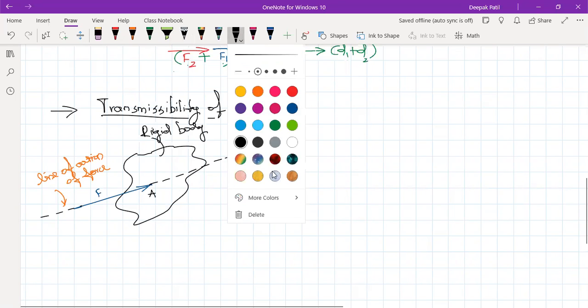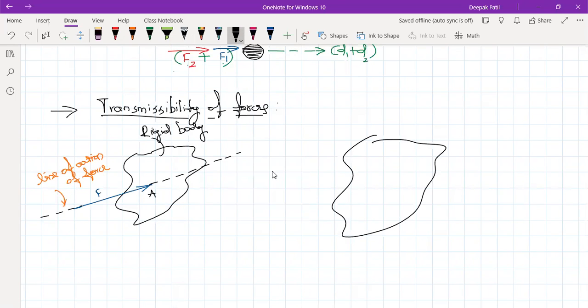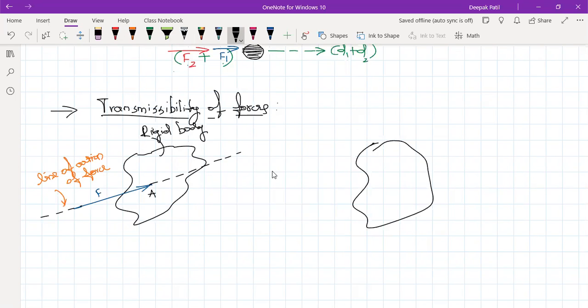Okay, now I will take the same rigid body. It doesn't look the same, yeah, this almost looks the same, right? I will draw this line of action where it was already. This is the line of action.